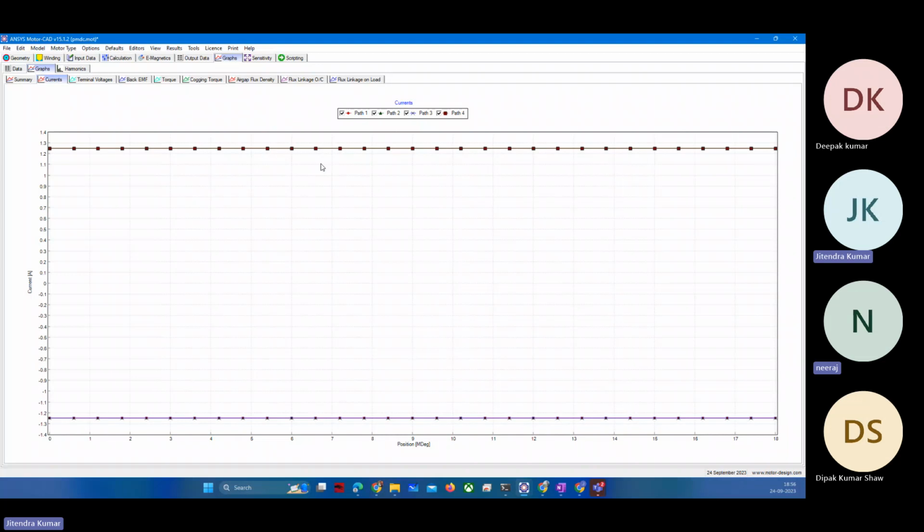But the arrangement inside the machine is done in such a manner that those have to be alternating in nature. So that's the reason we will see frequency dependent losses, because we have frequency.